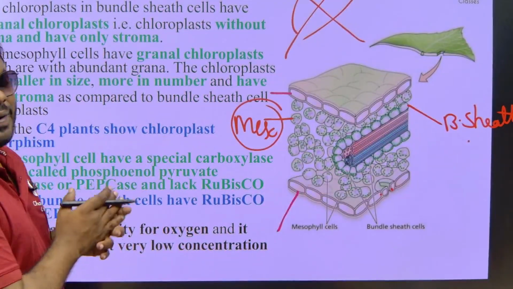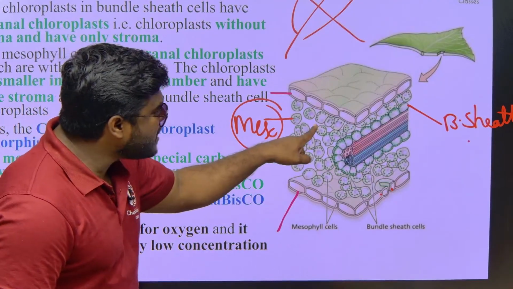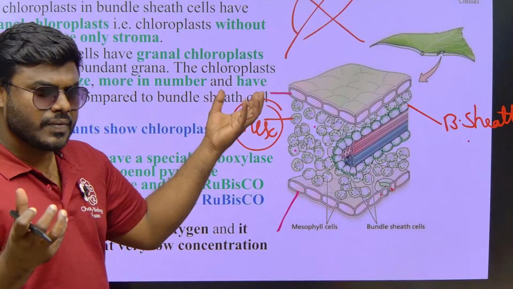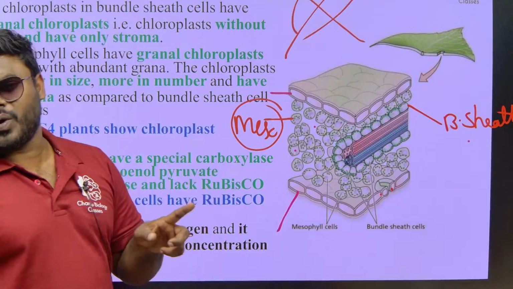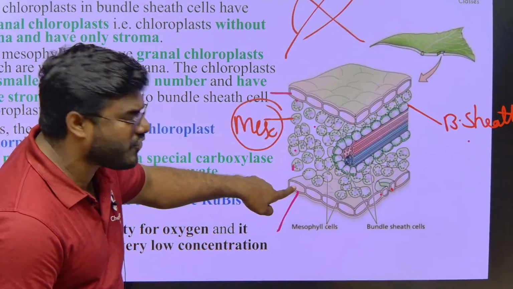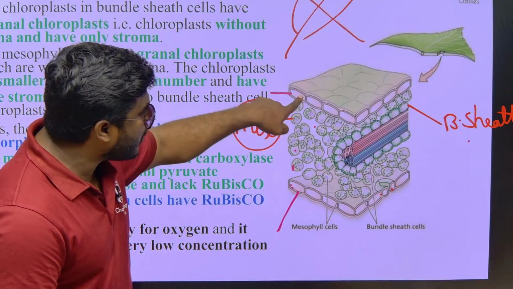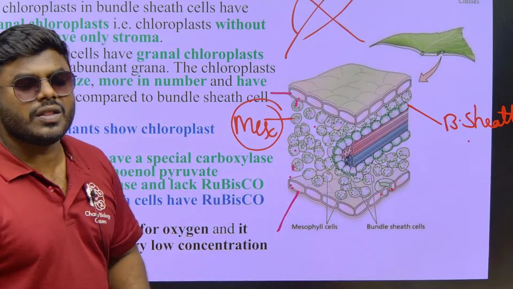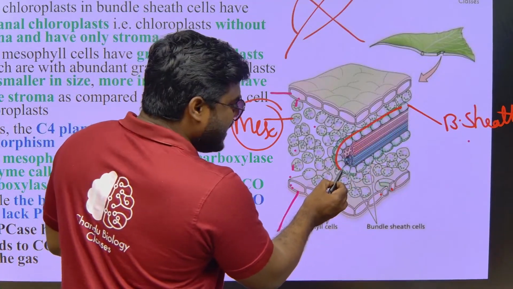You can observe in the picture itself, all the mesophyll cells are loosely arranged, having a lot of intercellular spaces. And most important, most of the mesophyll cells are located towards the surface, very close to the leaf surface. Look at the bundle sheath cells, friends, they are located much deeper. Are there any intercellular spaces?